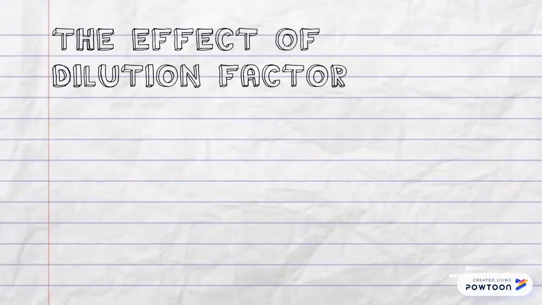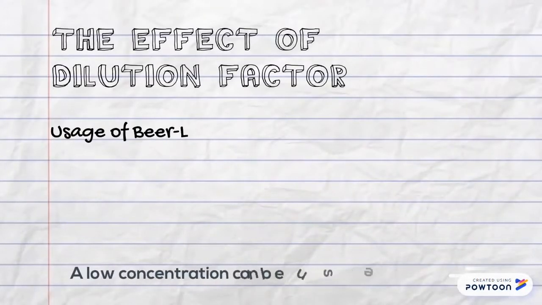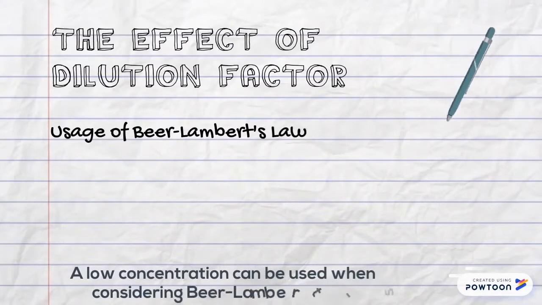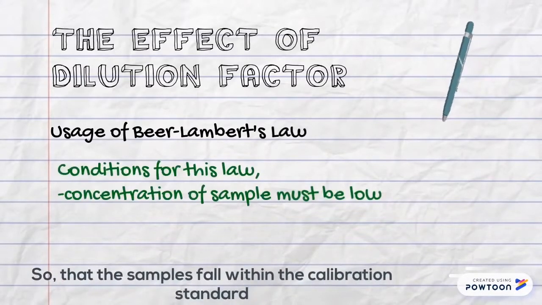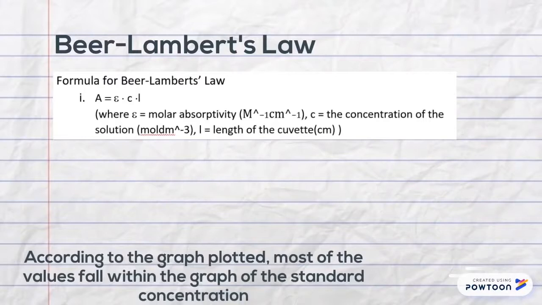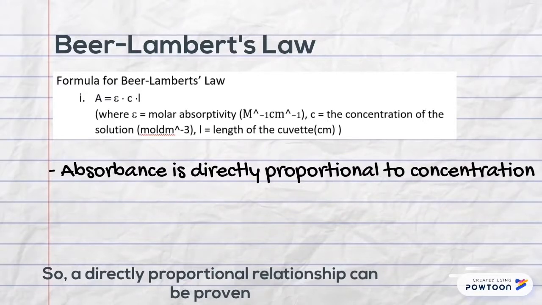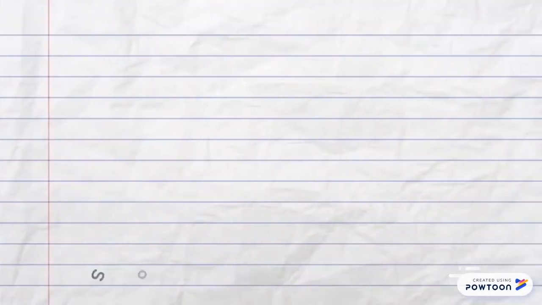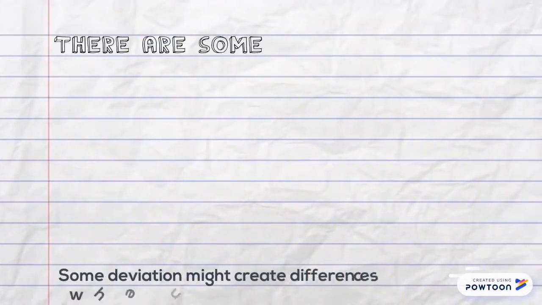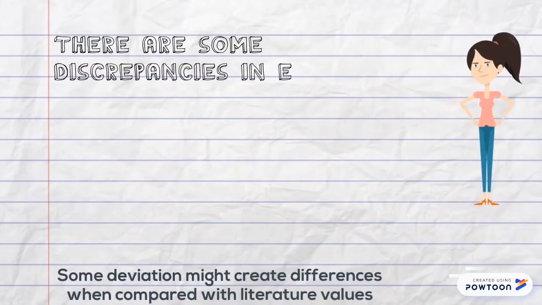A low concentration can be used when considering Beer-Lambert's law, so that the samples fall within the calibration standards. According to the graph plotted, most of the values fall within the graph of the standard concentration, so a directly proportional relationship can be proven. Some deviation might create differences when compared with literature values.